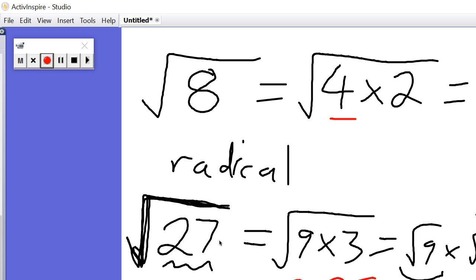Just to explain again, this is the same as square root of 16 times 3, but all I've done is take the 16 out the front, and as it leaves the radical it gets square rooted and becomes 4. Alright, so that's how you simplify surds.